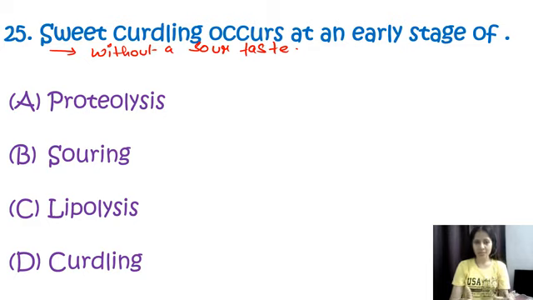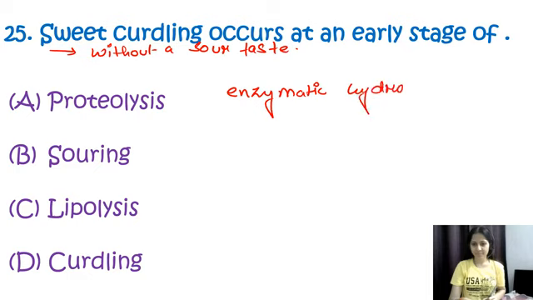At what stage? Now, the milk proteins such as casein undergo enzymatic hydrolysis. This process is different from souring, which involves the fermentation of lactose by lactic acid bacteria and leads to the formation of lactic acid and acid in dairy products.